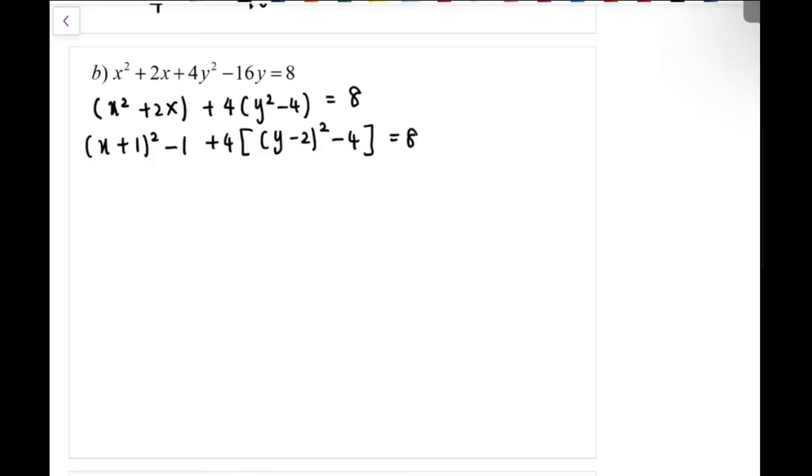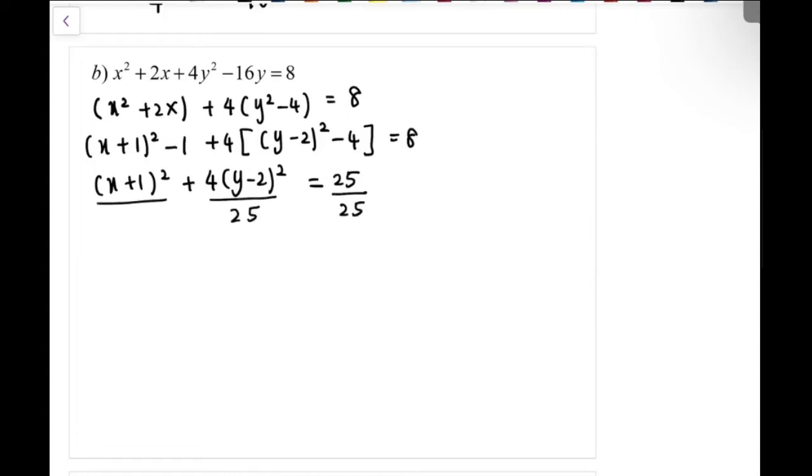So finally, rearrange and bring all constants to the right side. We would have 1 plus 16, which is 17, plus 8. So we have 25.